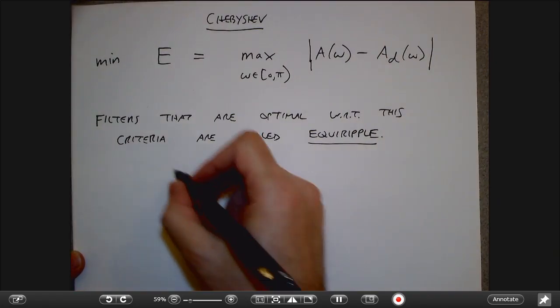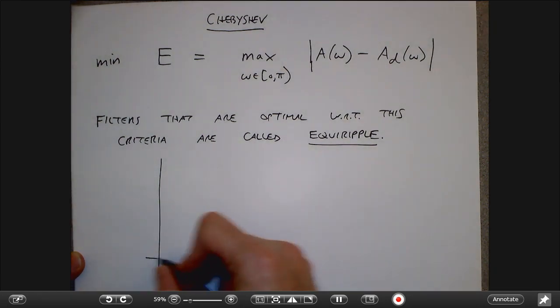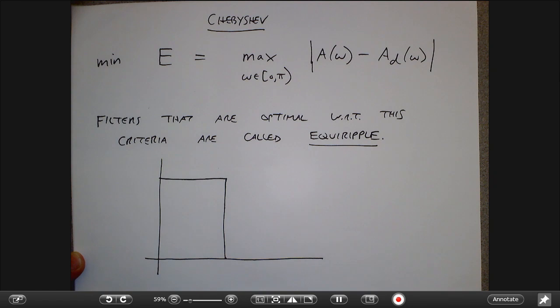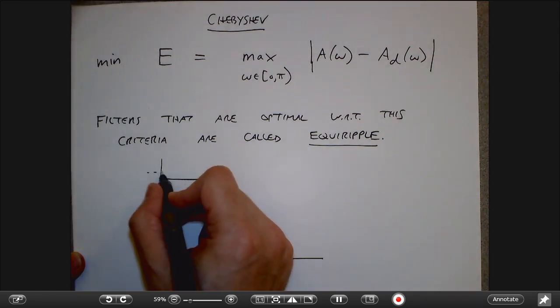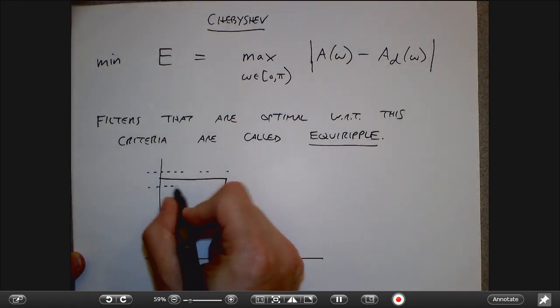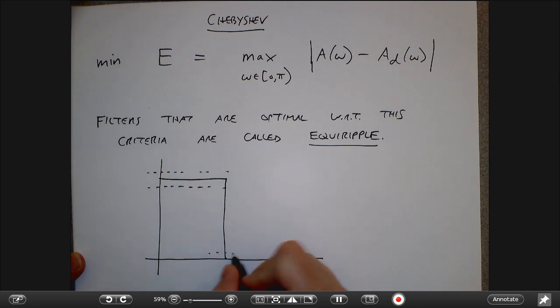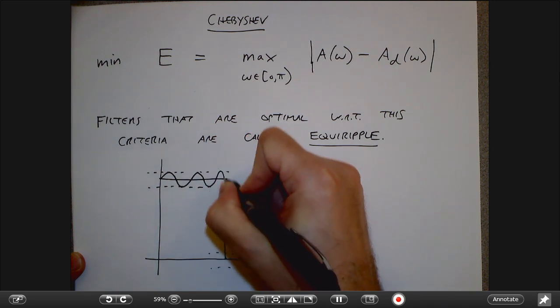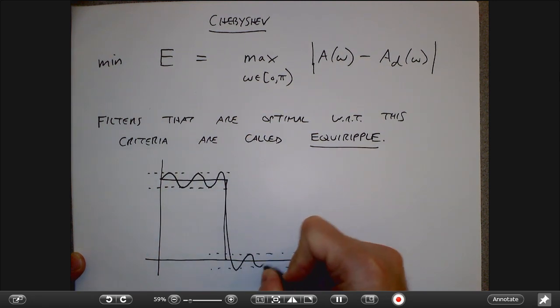And so an Equiripple filter looks basically like this. If this is my ideal amplitude response, then what I have is some band, and the filter nicely oscillates inside this band.